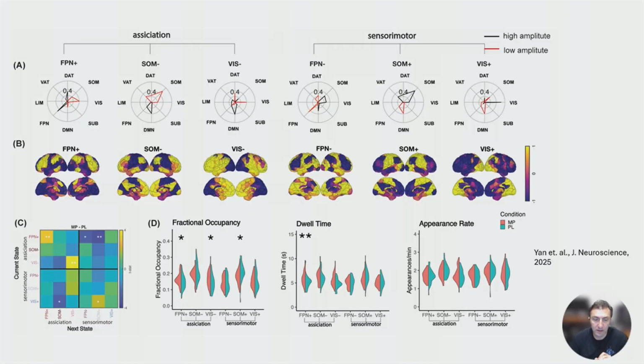When he looked at these in different networks extracted from the analysis, particularly the frontoparietal network, somatomotor network, and visual network, he was able to depict the methylphenidate-induced changes, particularly in dwell time and fractional occupancy measures in the frontoparietal network, and these changes disappeared in the other measures.